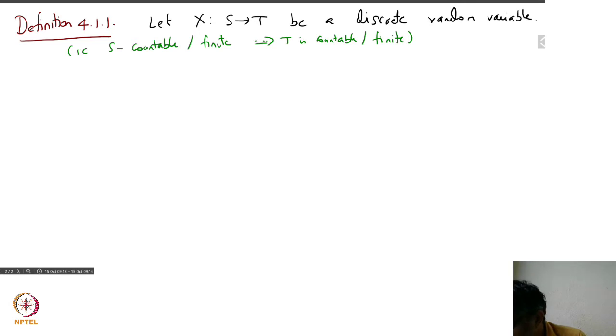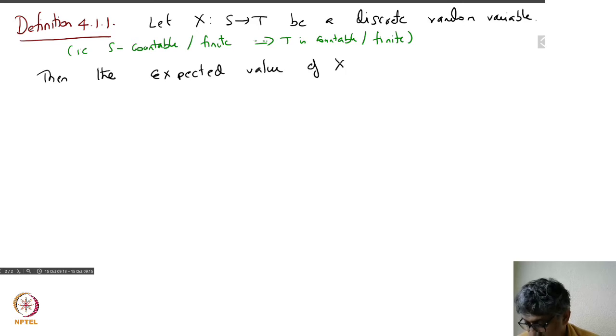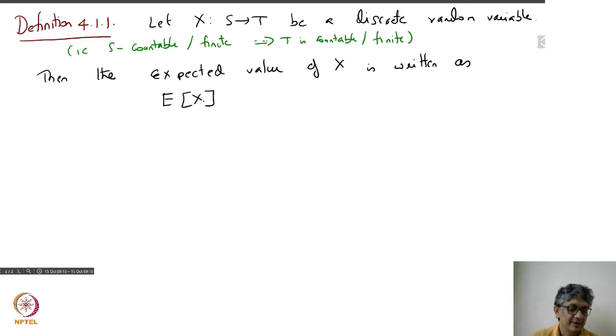And what you want is you want to know the expected value. So the expected value of X is written as E[X], with square brackets, and is given by the following formula.